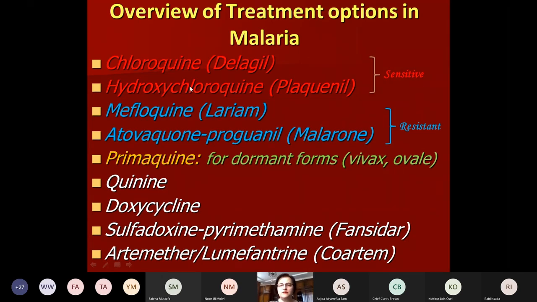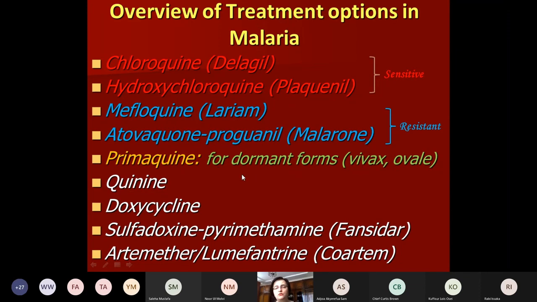No, maybe not all, but the most common, yes, and the most useful. Here, for regions where Plasmodium falciparum is sensitive, and for all other species: chloroquine and hydroxychloroquine. Here, for regions where falciparum is chloroquine resistant: mefloquine and atovaquone-proguanil.